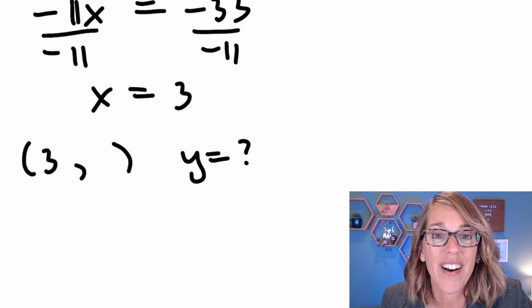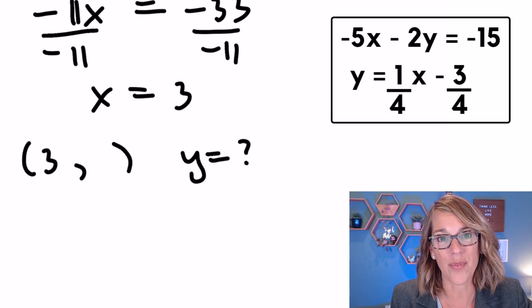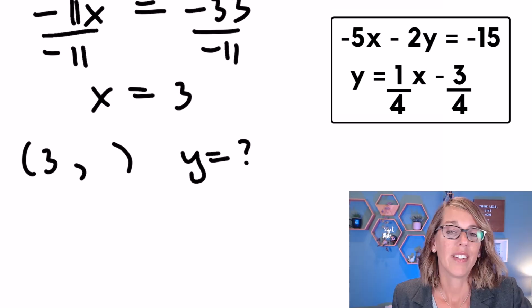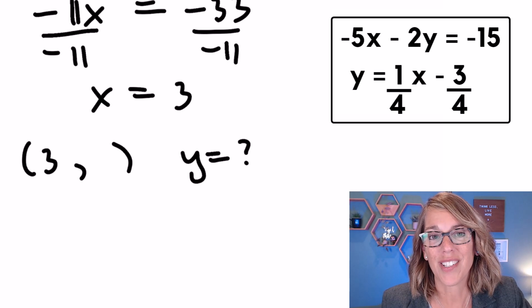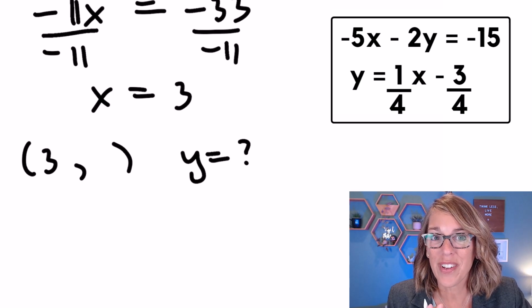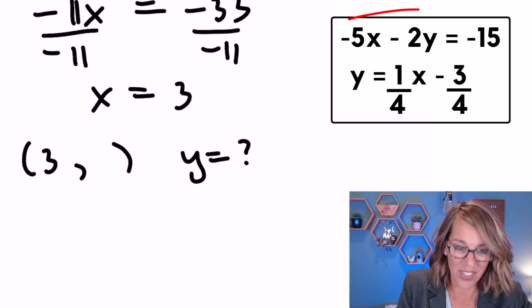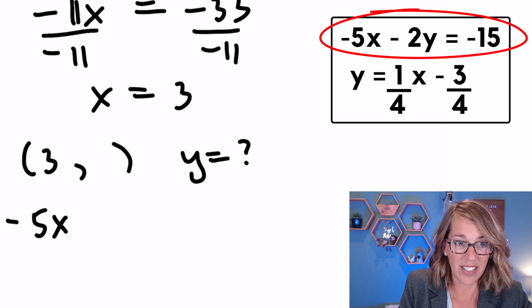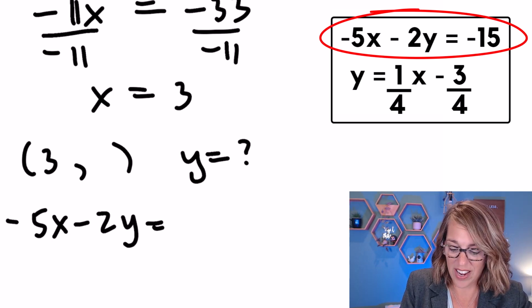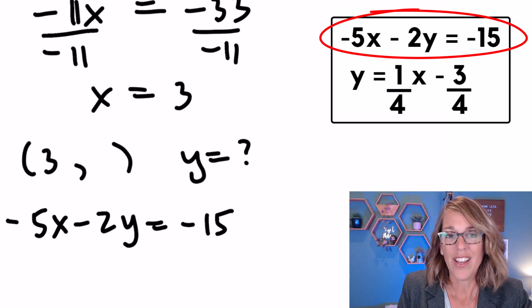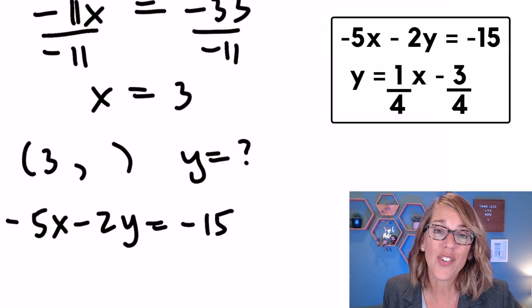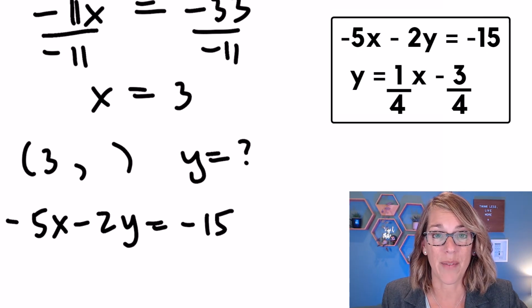I want you to pause the video, go back and find y, start it up again, and see how you did. Now you can choose either of the original equations, but I definitely want to choose the one without a fraction in it. So I'm going to choose -5x minus 2y is equal to -15. You could, though, even choose the one where we cleared those denominators.